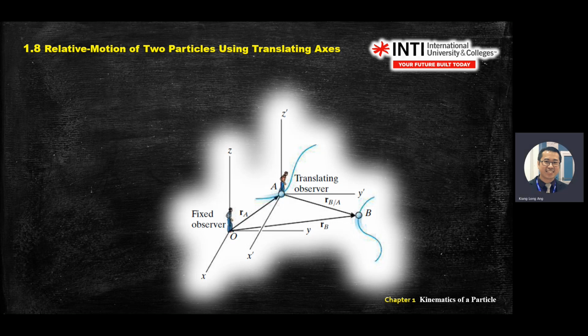So normally this R and B will be asked in the question where two objects are moving. Let's say two objects moving at the same speed, you're driving at the same speed, the difference of vector will be zero because you see your neighbor also doesn't move, although both of you are moving.